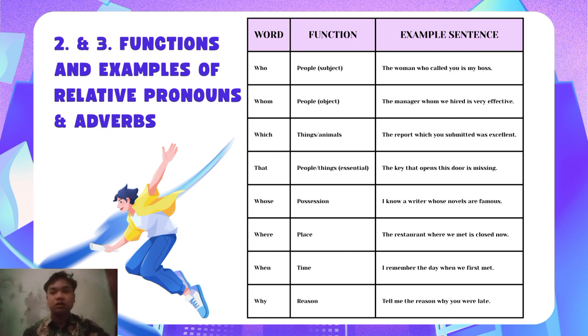That is a versatile word for people or things, often used in essential clauses. Whose always shows possession, and for the adverbs, where is for place, when is for time, and why is for reason. This example helps illustrate how each one is used correctly in a sentence.